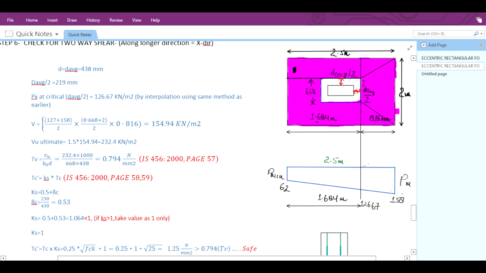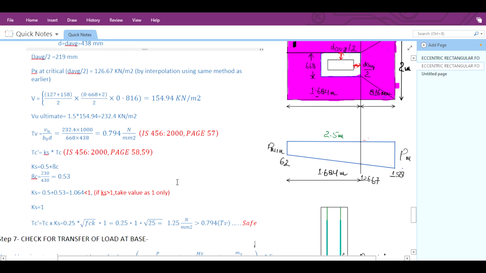So it will be 0.668 plus 2 divided by 2 multiplied by this total length 0.816. So it will come as 154.94 kilonewton per meter square. So U ultimate will be 1.5 multiplied by 154.94, it will come as 232.4 kilonewton per meter square.